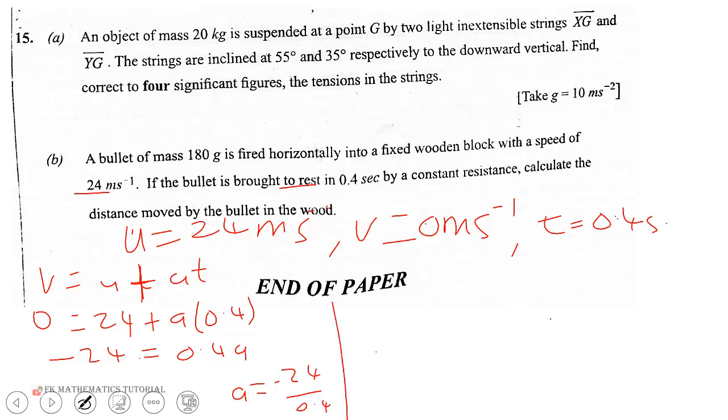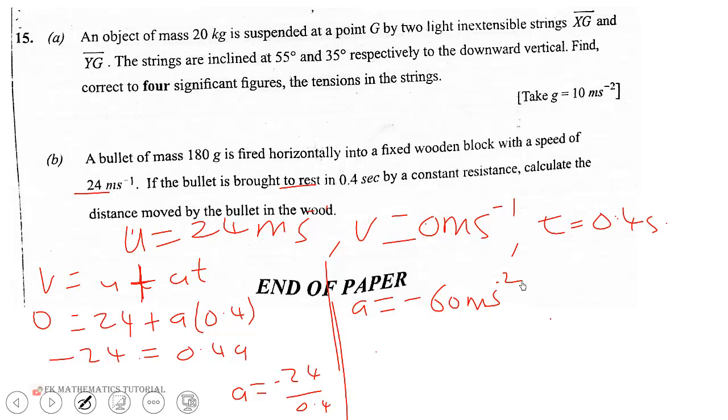This implies that the acceleration, which is now retardation, is negative 60 meters per second squared. So that is the deceleration for us. Note that the negative there tells us that it is decelerating.